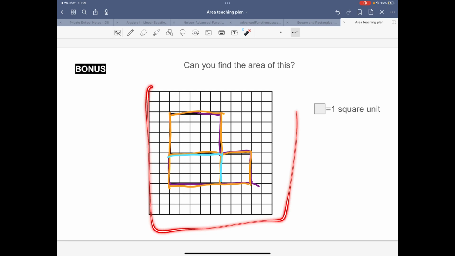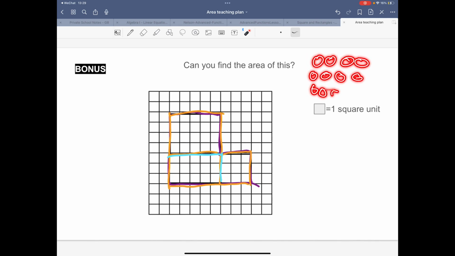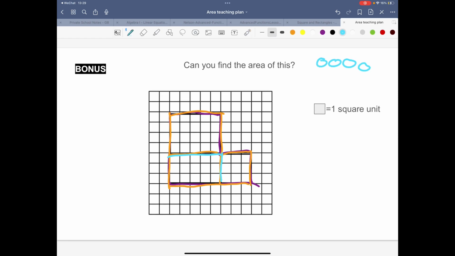This whole thing is an array, which means that these squares are also an array. An array is like constant shapes, like this. This is an array.